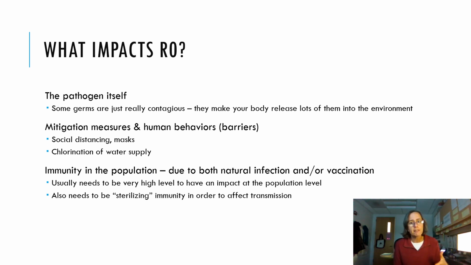There's various different levels of immunity, and this sterilizing or neutralizing immunity is sometimes easy to get and sometimes not easy to get depending on the germ. And so, spoiler alert, for COVID, it's very difficult to get sterilizing immunity that lasts for any significant length of time, which is part of why what has happened has happened.